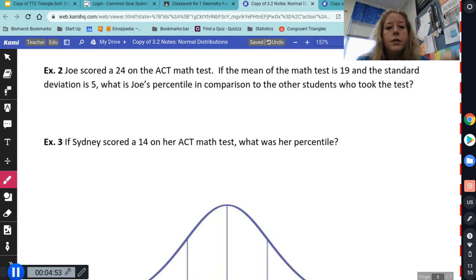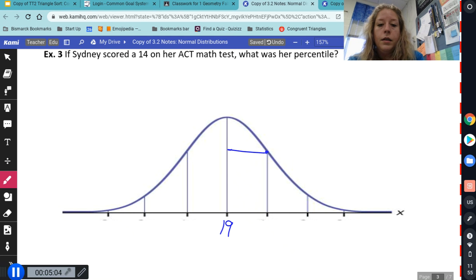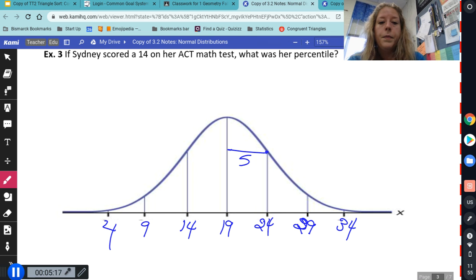All right, so we got Joe, he got a 24, mean is 19, and the standard deviation is 5. So we're going to label this graph. The mean was 19, standard deviation is 5, so that's going to go up by 5s, 24, 29, 34, and down by 5s, 14, 9, 4.